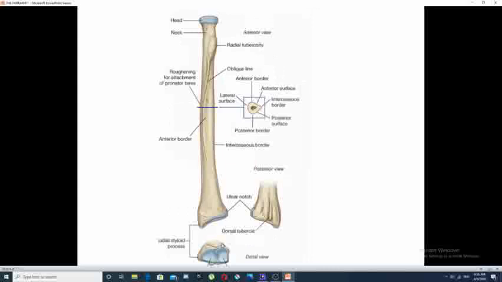The second bone that forms the skeleton of the forearm is the radius. It is the laterally situated bone. In contrast to the ulna, it is narrow in its upper part and expanded in its lower part.